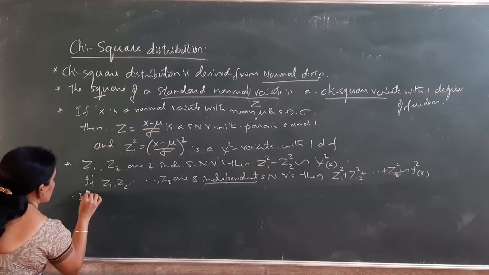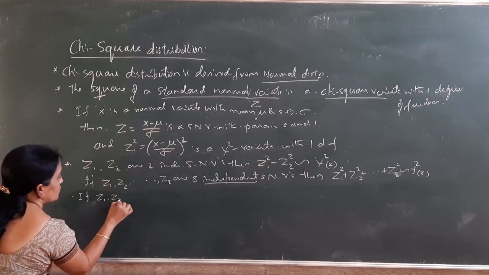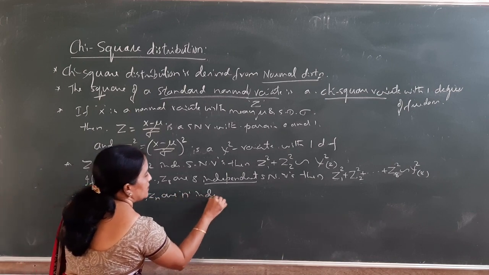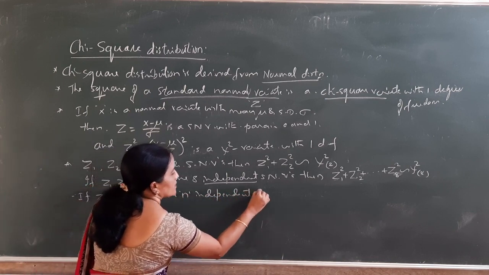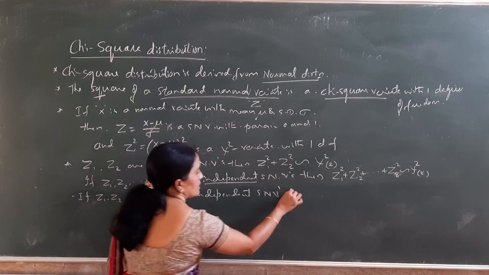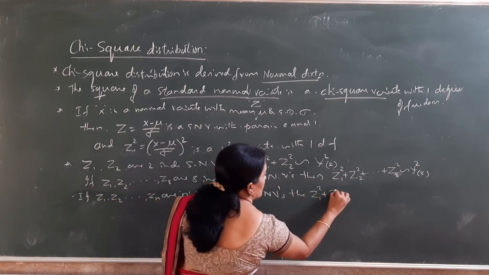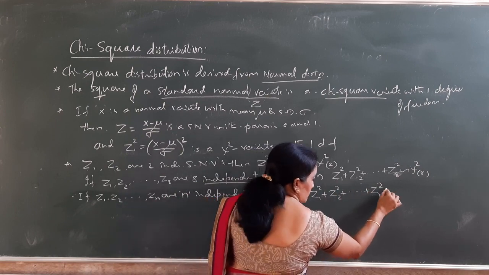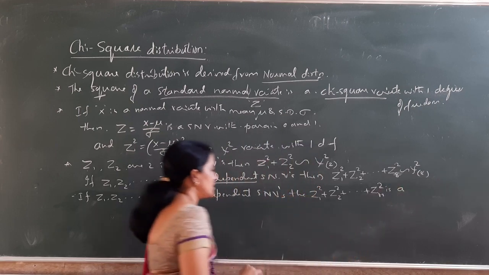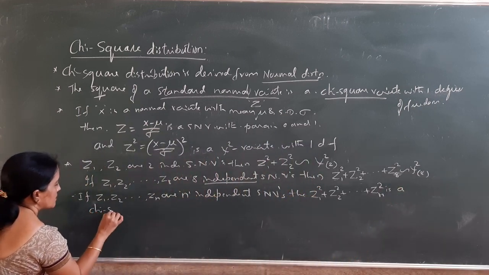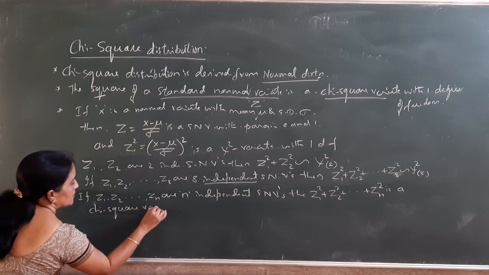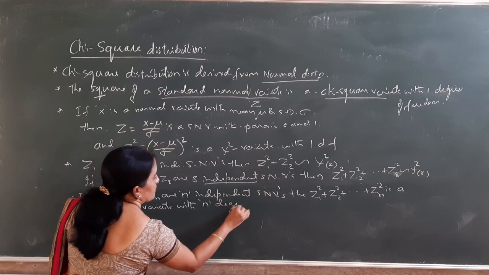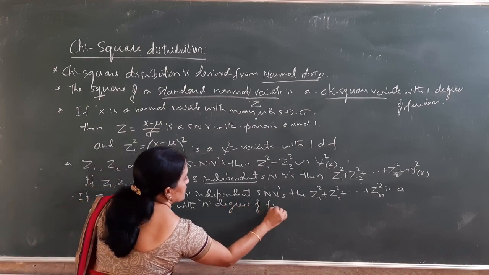Similarly, if Z1, Z2, so on Zn are n independent standard normal variates, then Z1 square plus Z2 square plus so on plus Zn square is a chi-square variate with n degrees of freedom.